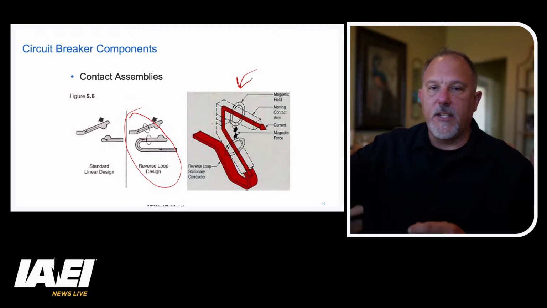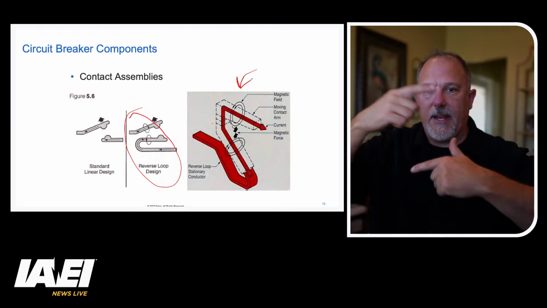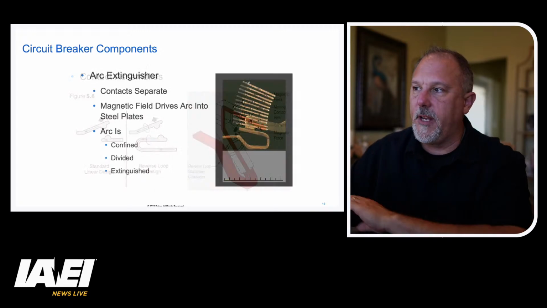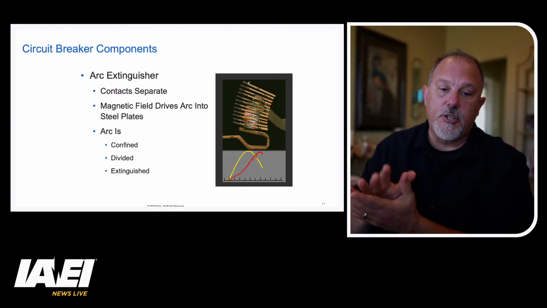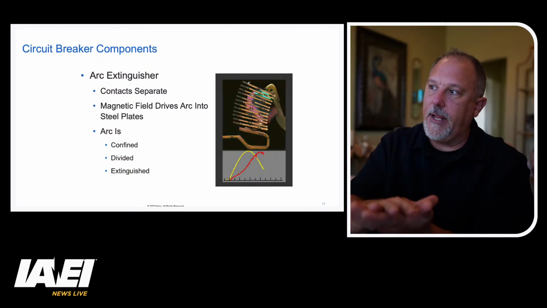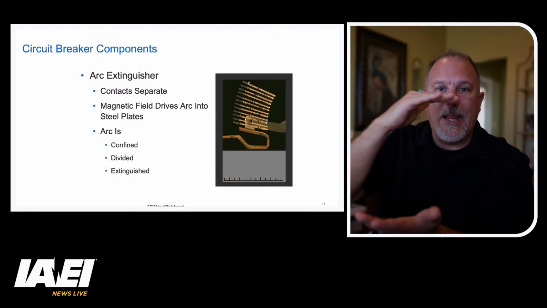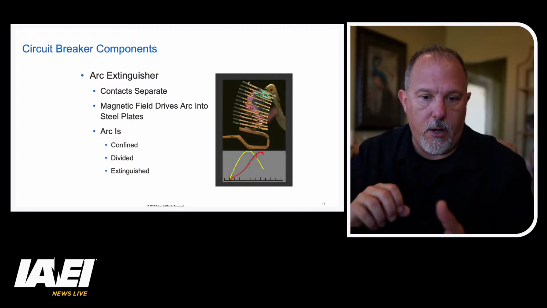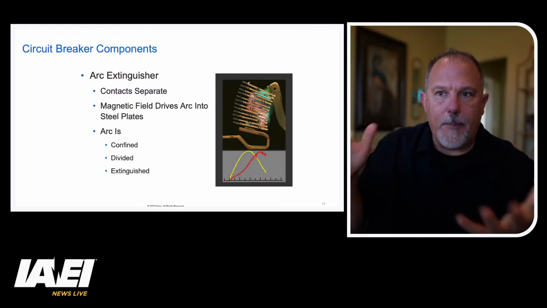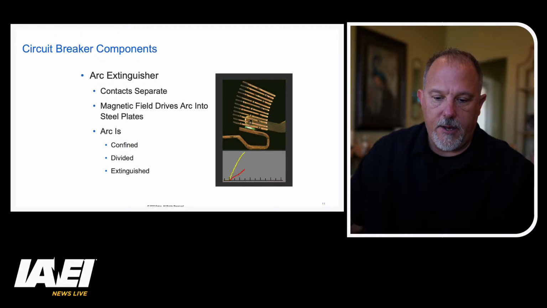And because of the way that loops back, because of those magnetic forces propelling each other apart, that helps pull those terminations apart. The arc extinguisher itself is, as those contacts are separating, those plates are cooling the arc and stopping the flow of current through the circuit.